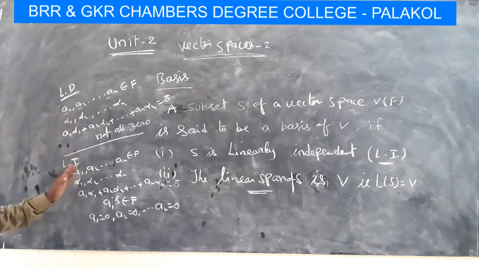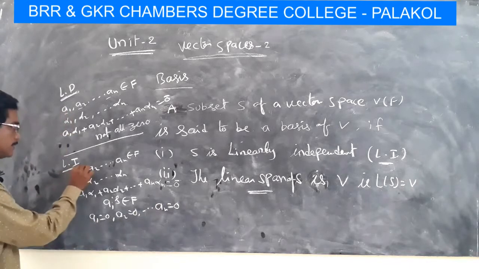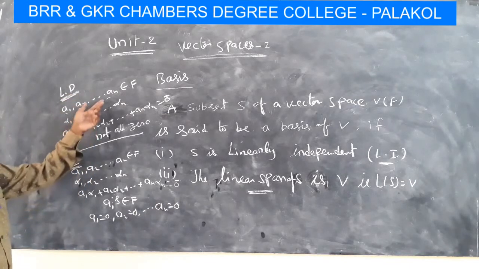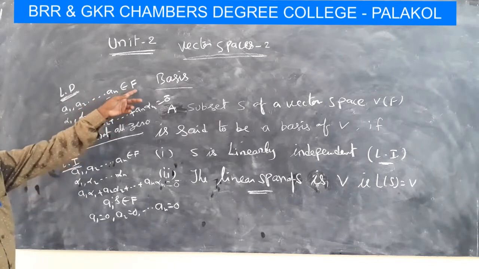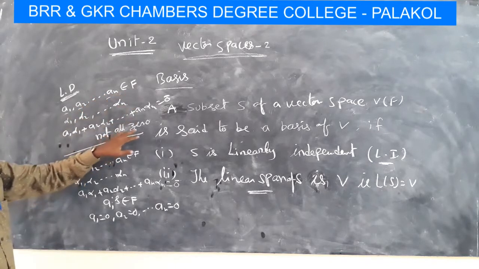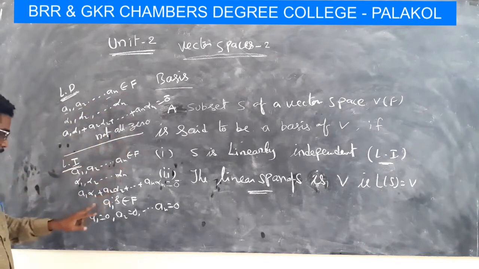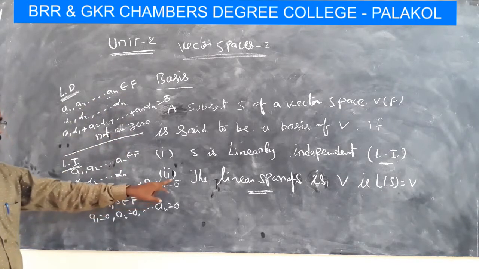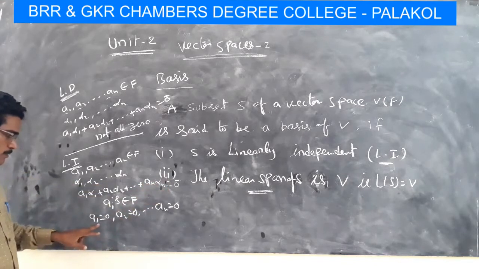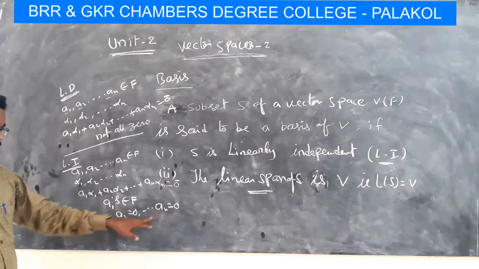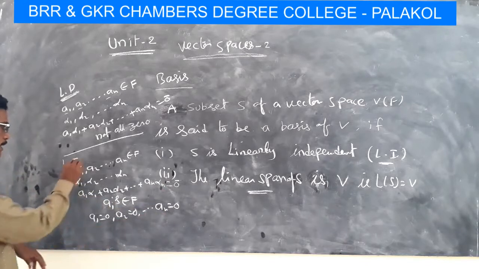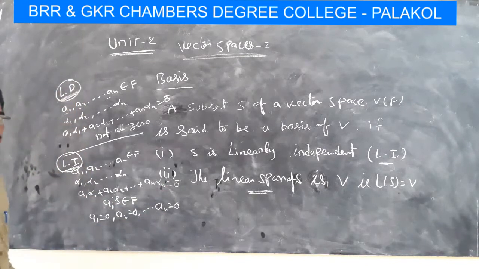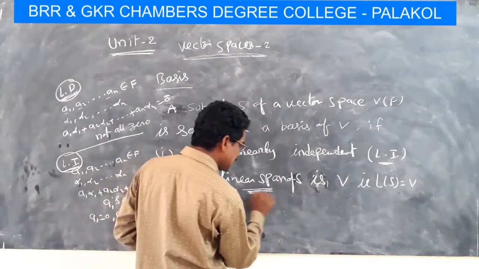This is called linearly independent. Otherwise, when a1, a2, so on an are not all zeros, this is linearly dependent.